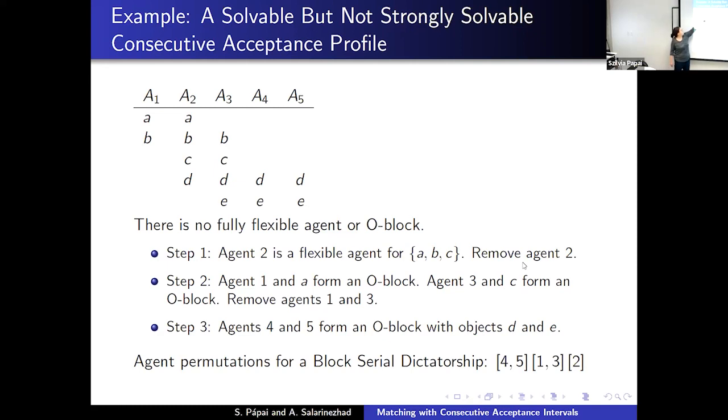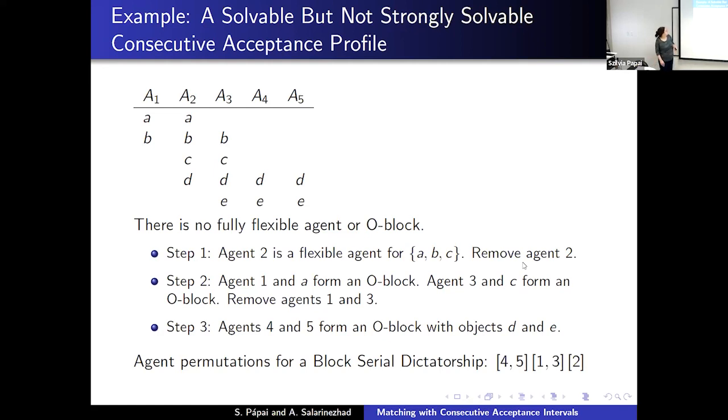Full flexibility would require that when we look at the competitors for the entire acceptance set, we have fewer. So it does not require that the competitors are different. You are exactly referring to the flexibility. So you are right, it's the terminology. Flexible agents are agents who can go last because they always get an object, no matter what the others pick. But it doesn't mean that they are fully flexible.